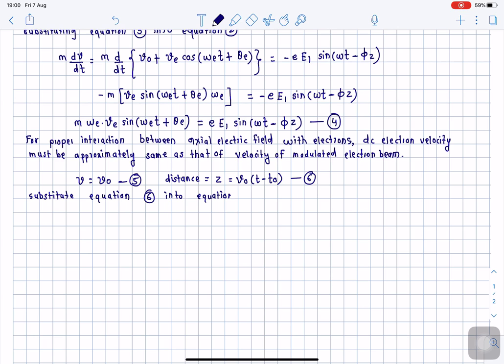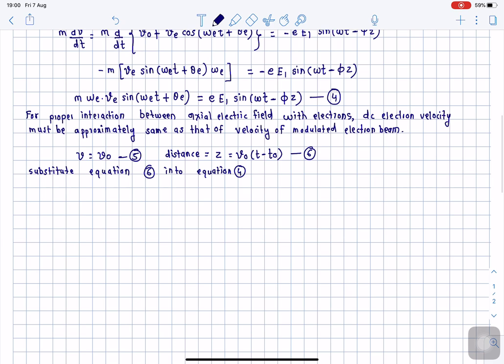Substituting equation 6 into equation 4, we get m multiplied by omega e into Ve into sine of omega e t plus theta e, right, is equal to e into E1 sine of, okay, so here into bracket omega t minus phi z.